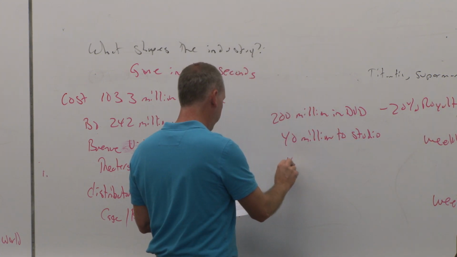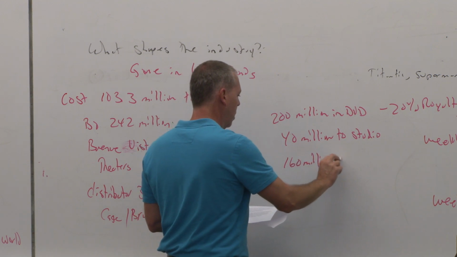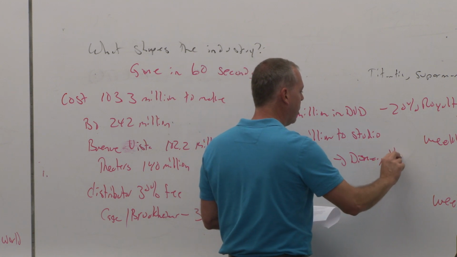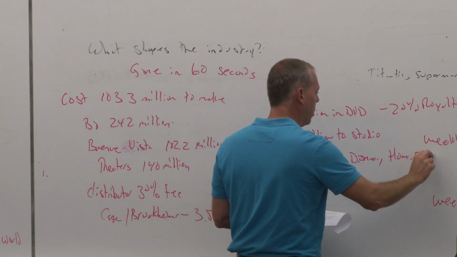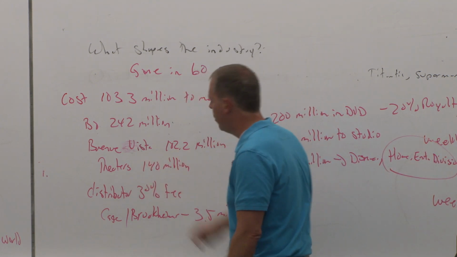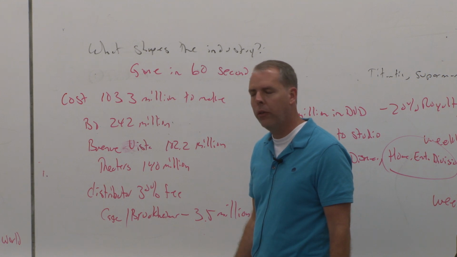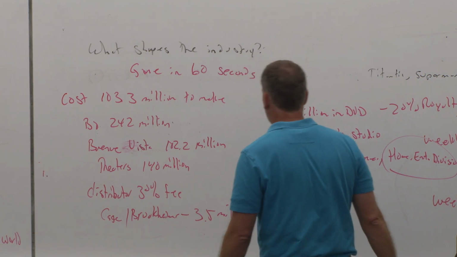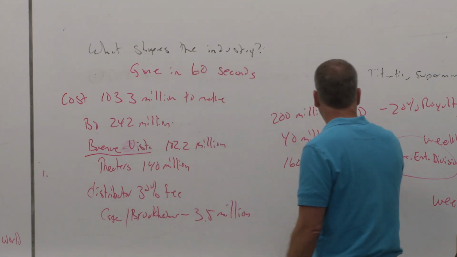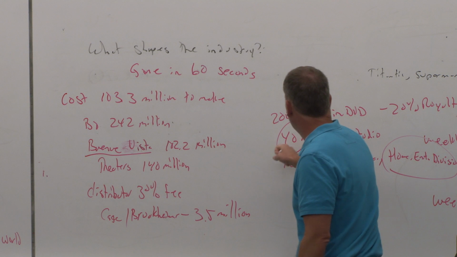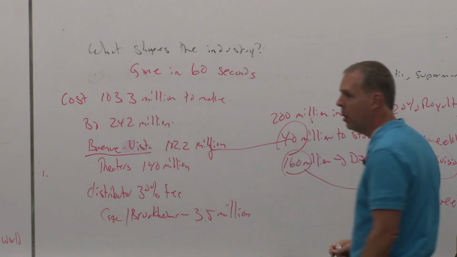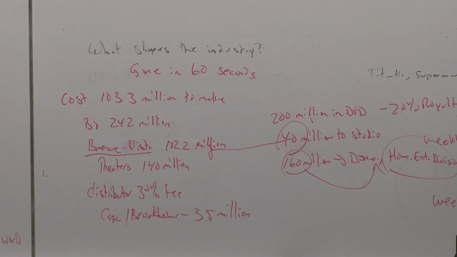So you've got 160 million going to Disney's home entertainment division. Disney's home entertainment division and Buena Vista are the same company. I mean, they are, but they aren't. Here's the studio that's making it. 200 million in DVD sales, 40 million goes to this studio, which is owned by Disney. 160 million goes to this division, which is the home entertainment division, which is a completely separate division.